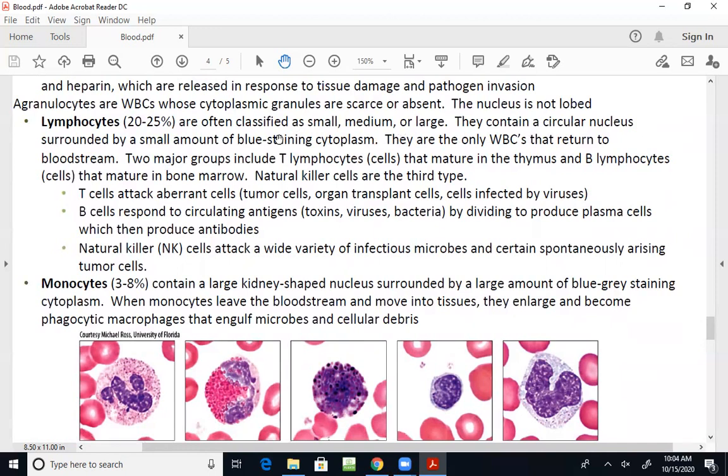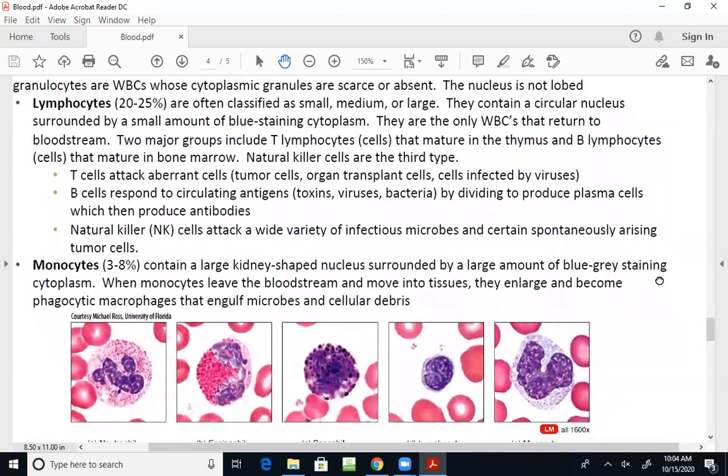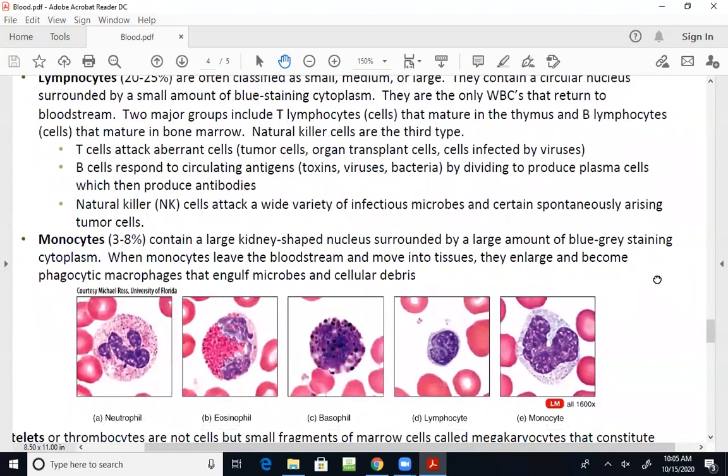But T cells travel to the thymus where they then mature. B cells stay in the bone marrow and mature after they develop in our bone marrow. The third type are natural killer cells, which sound really cool, but really aren't as important for immune purposes as the other two.